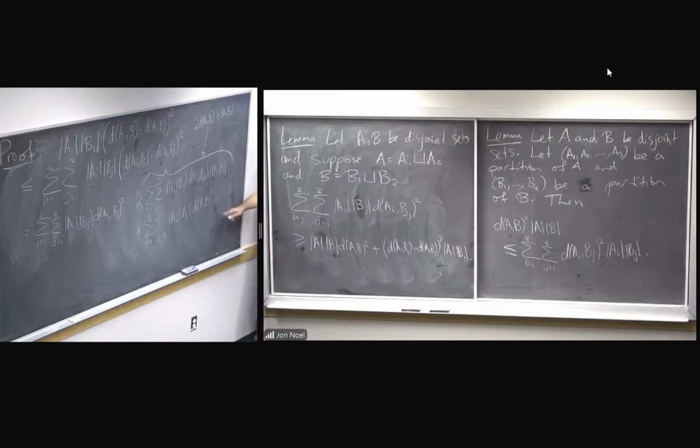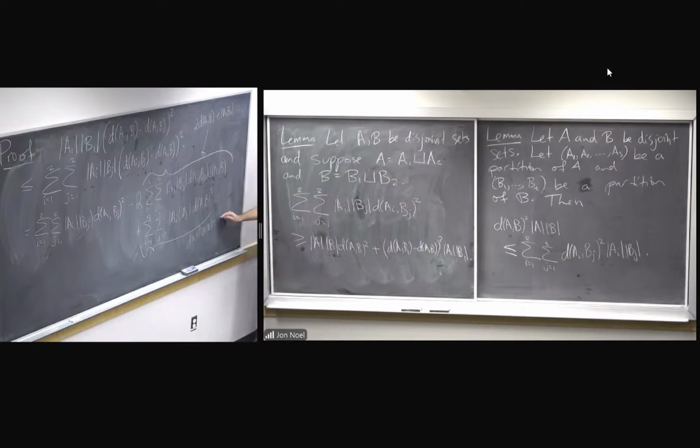And actually, this last term is similar, weirdly enough. Factor out the d(A,B) squared. And then all of this is going to do is compute the size of A times the size of B. But remember what the density is: it's the number of edges over the size of A times the size of B. So if I bring that in there, I could cancel one of them.